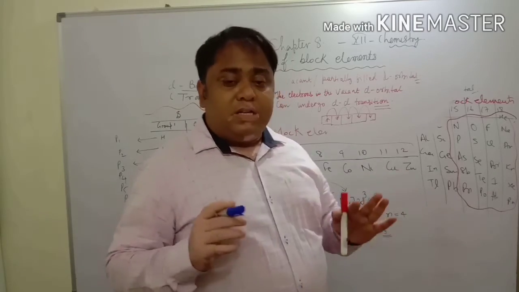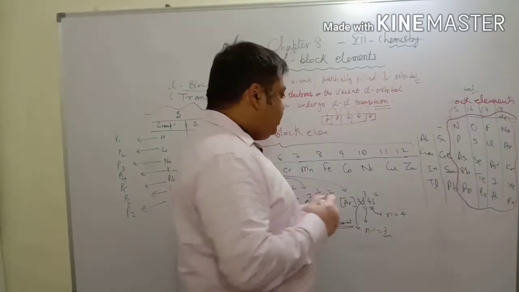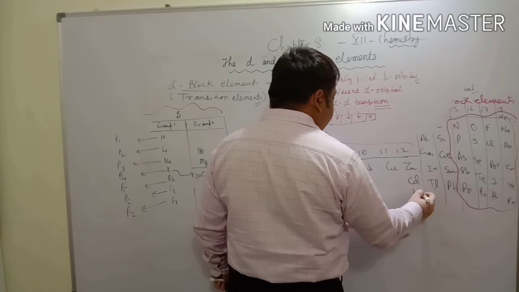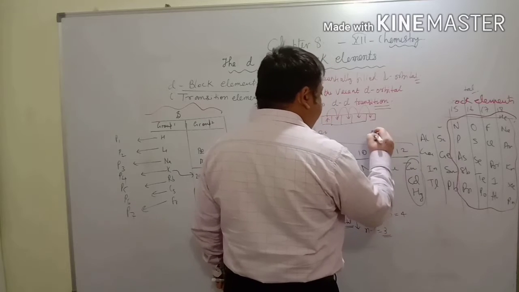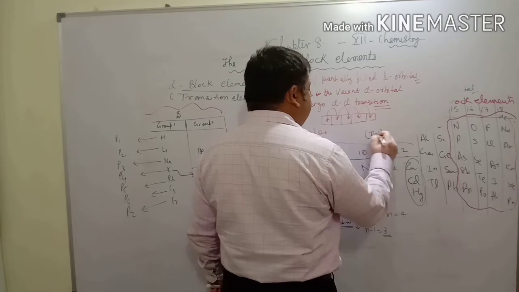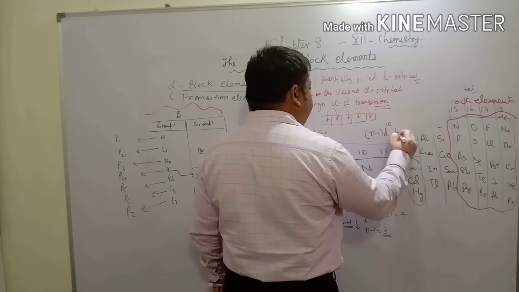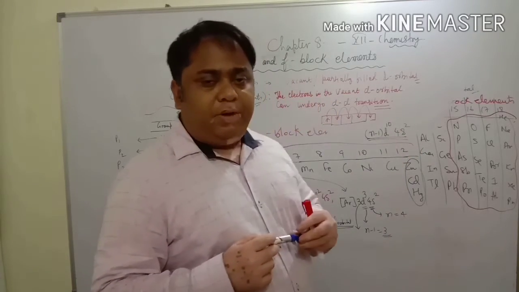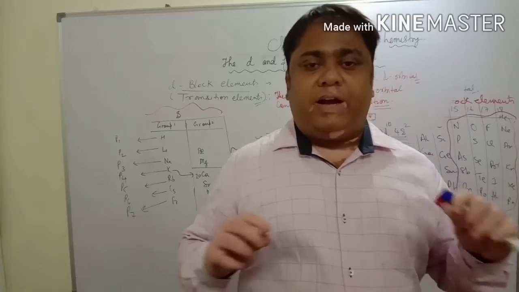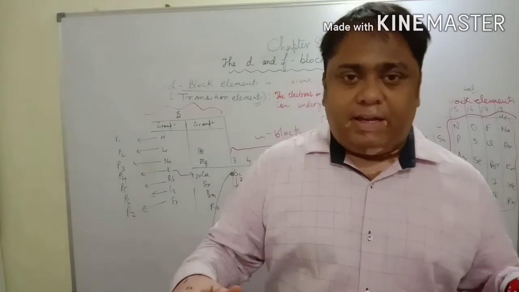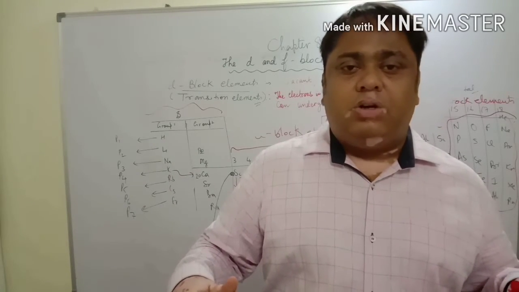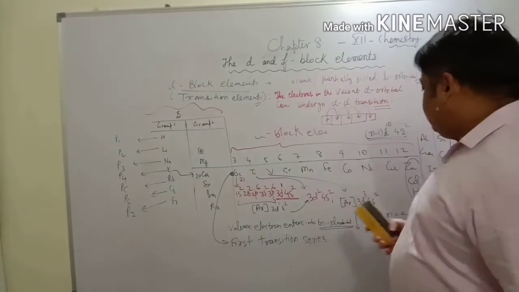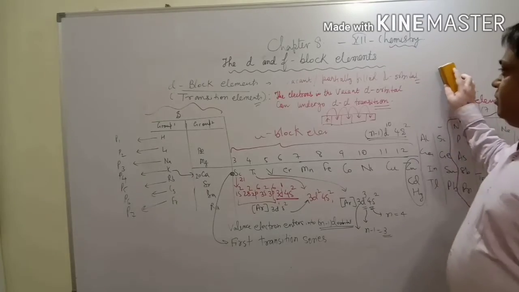But in case of zinc, cadmium and mercury, they have n-1 d10 ns2 configuration. So zinc, cadmium and mercury do not have vacant d orbital, hence they are called pseudo transition elements.